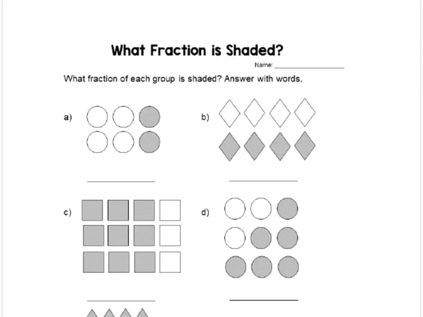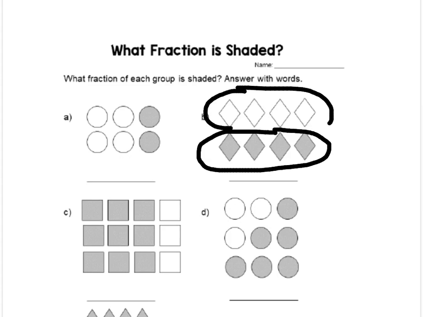Okay, I'm going to look at B now. In B, I can see that the whole entire row is colored in. There's 4 dots or 4 diamonds colored in. That's a whole row, and there's 2 rows.